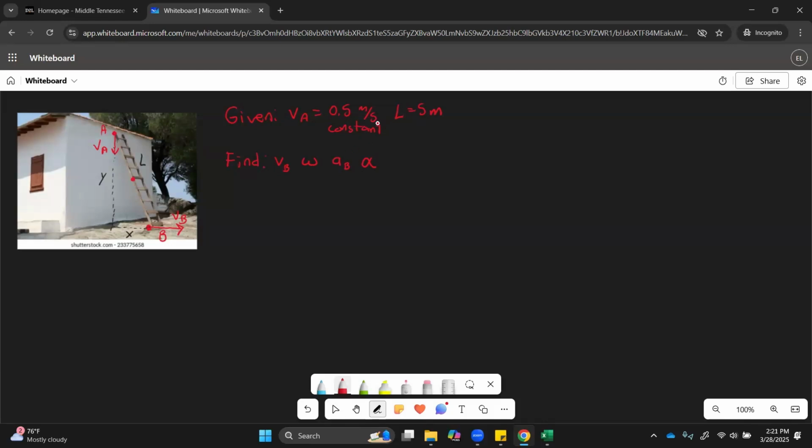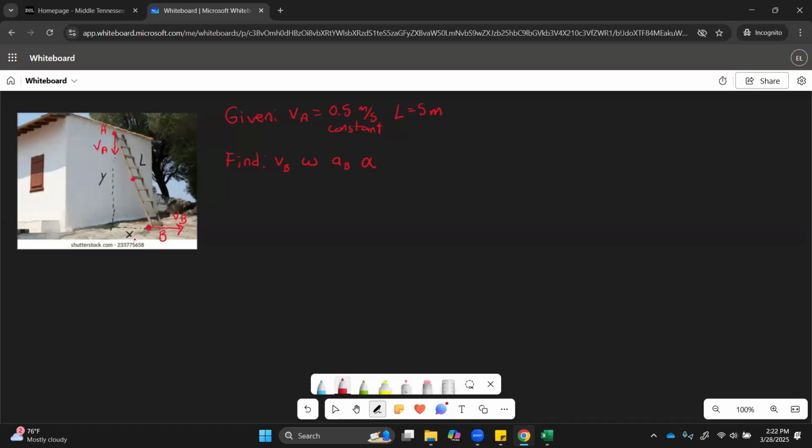So the one thing that we need to know that we haven't been given yet is what is the starting position of the ladder? So what is the current position that it's at? Because even though VA is a constant value and the length is a constant value, the velocity of B, the angular velocity of the ladder, those are not necessarily going to be constant because they're going to depend on the position of the ladder.